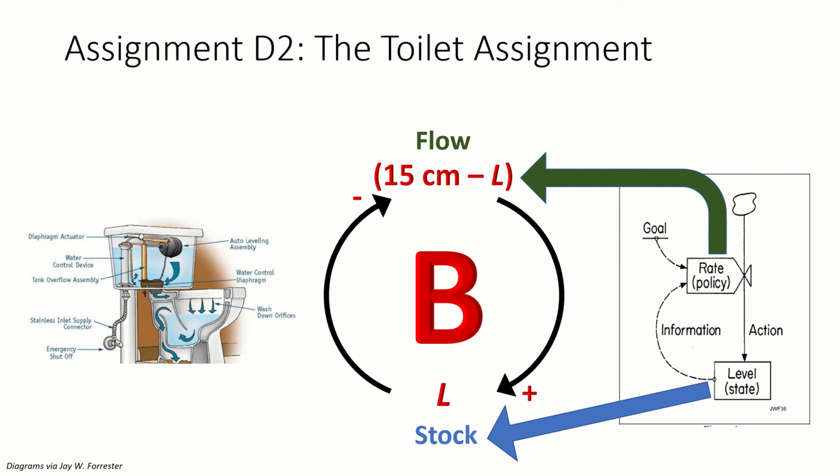Oh, right. So now you can fill the stock down. So you're seeing that the stock is rising to 15, the flow is falling to 0. Exactly what you want. Oh, nice.